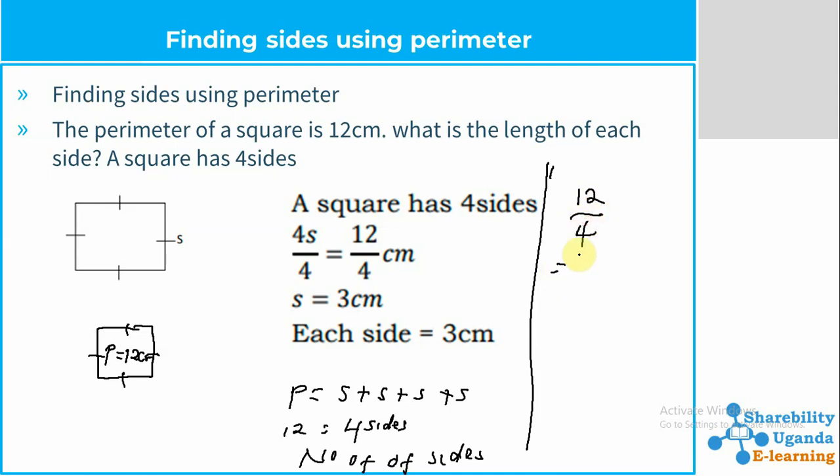When we divide this by 4, we get our answer as 3 centimeters. So that means each side is 3 centimeters. That's how we shall be looking at perimeter, and we'll have some tricks and different questions concerning perimeter, which is going to be in our next lesson.